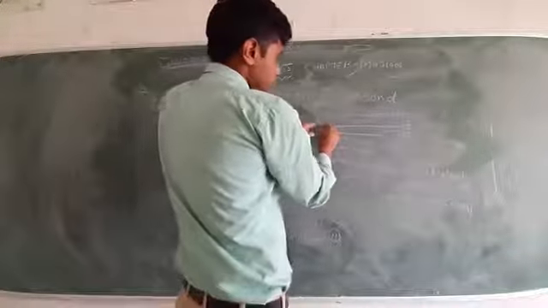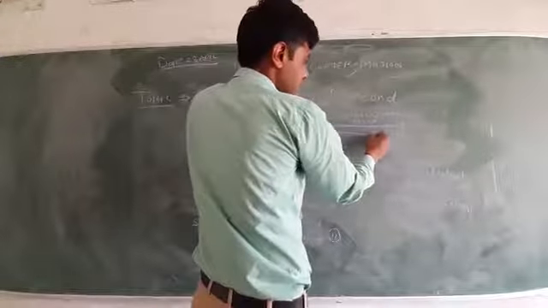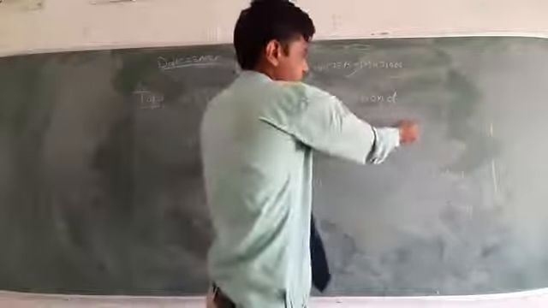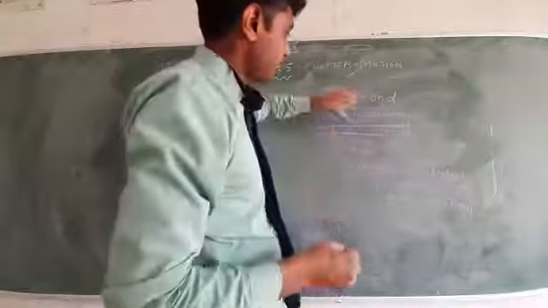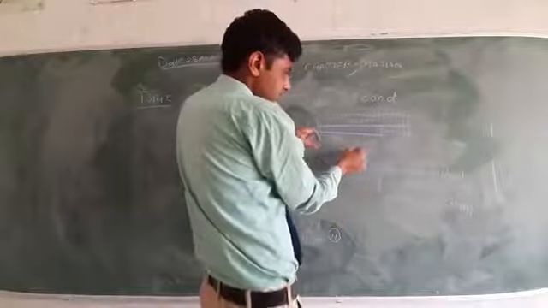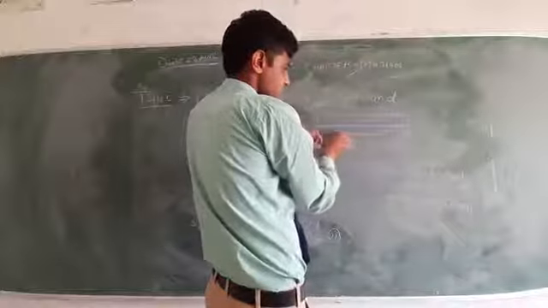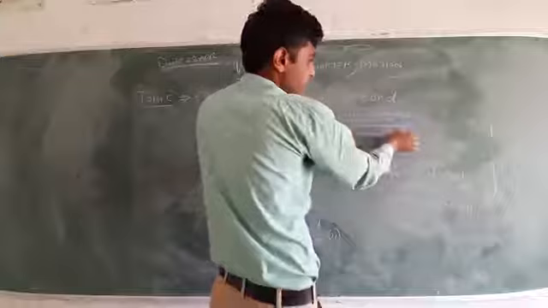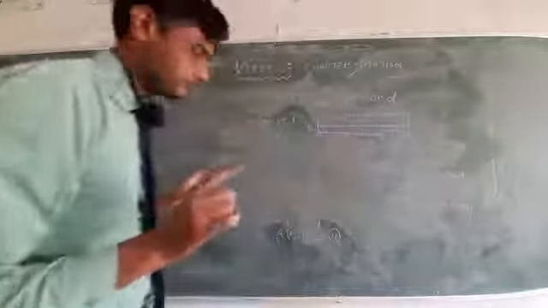As you can see in the diagram, this is the displacement after n seconds and this is the displacement after n minus 1 seconds. If we subtract this value from this value, then we can easily find the displacement of the object in the nth second.